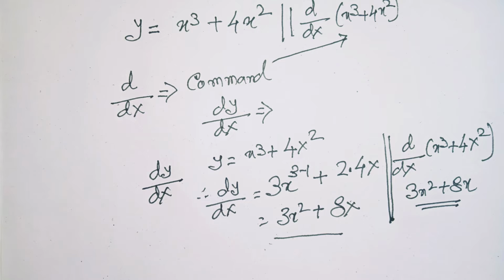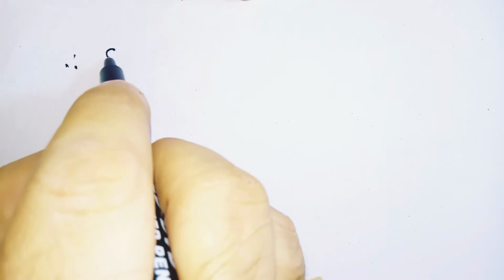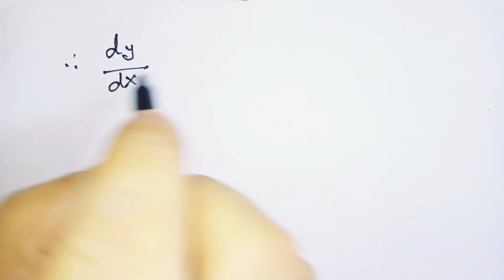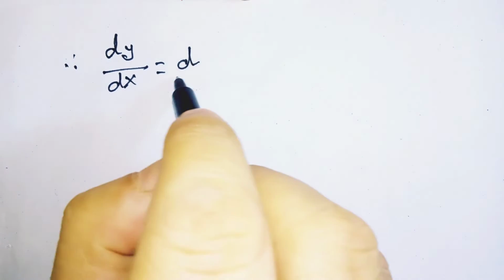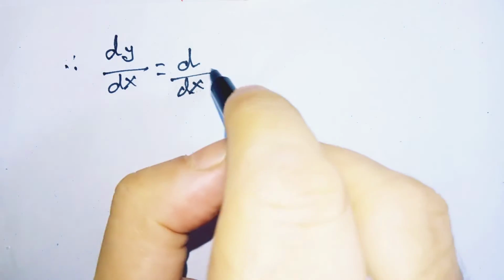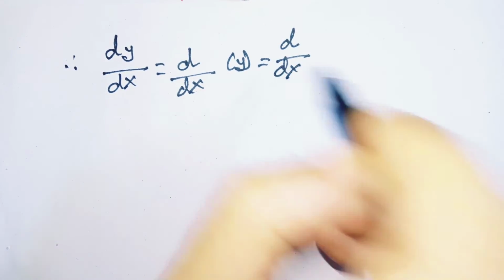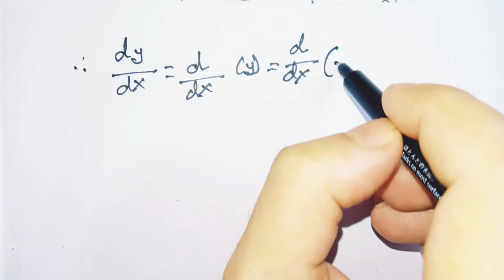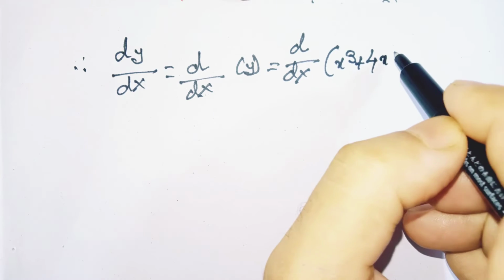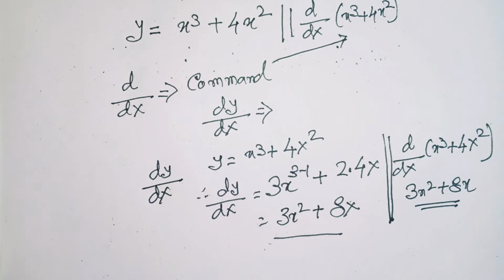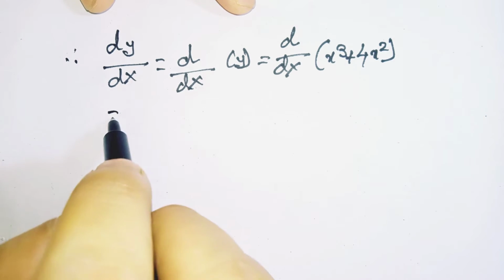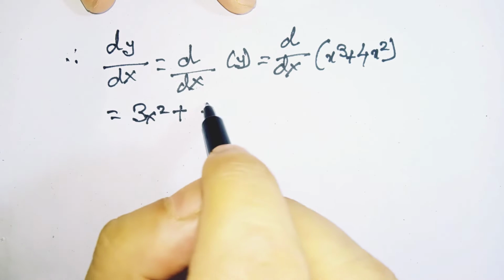So from here we can summarize. We can write over here: dy by dx equals d by dx of y, which in turn equals d by dx of the previous equation that we just went through, x cube plus 4x squared, and this is equal to 3x squared plus 8x.